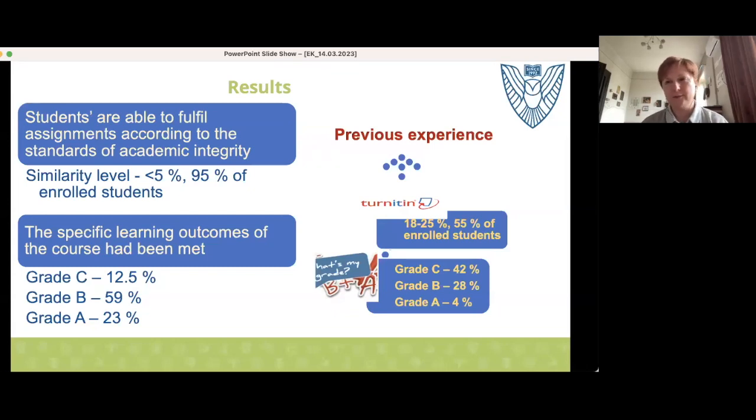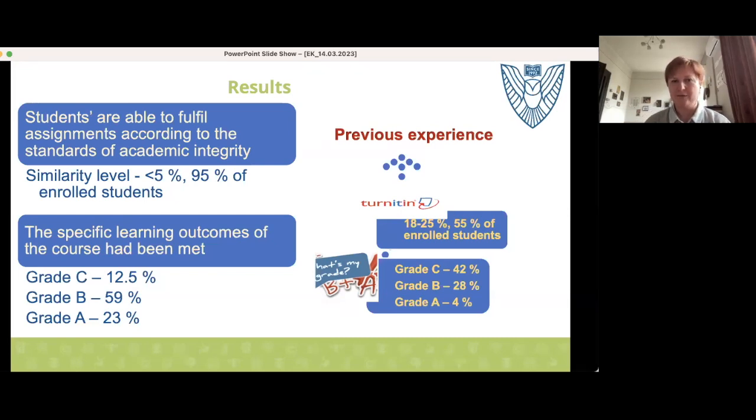Also, of course, it was interesting for us to see how many students were assigned grade C, grade B, and so on. As you can see, the main share was given to grade B. Of course, we had grade A students as well, and grade C was also present.